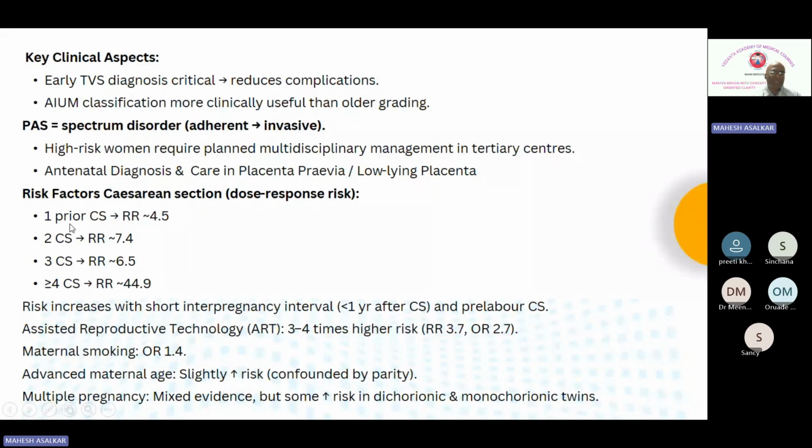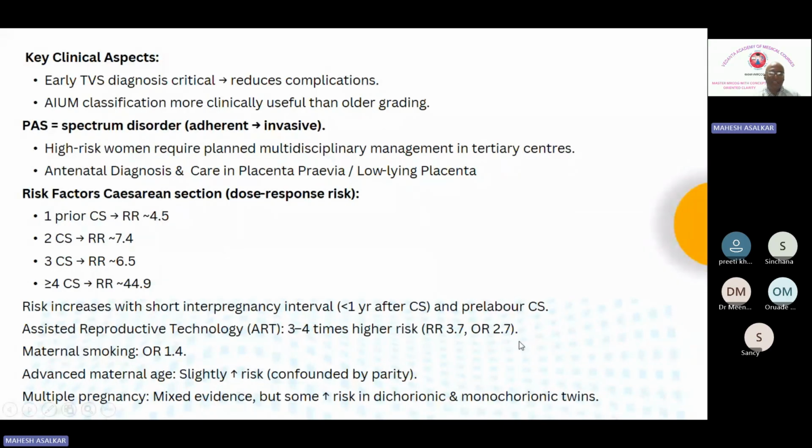The relative risk with one cesarean section is 4.5, with two cesarean sections is 7.4, with three cesarean sections it is 6.5, and with four or more cesarean sections it is 44.9 risk of PAS. So as the number of cesarean sections increases, the relative risk for development of placenta accreta spectrum also increases. Such kind of questions they can ask.